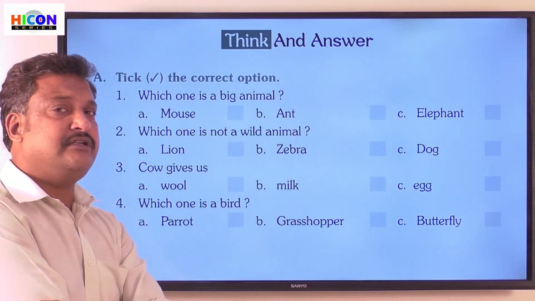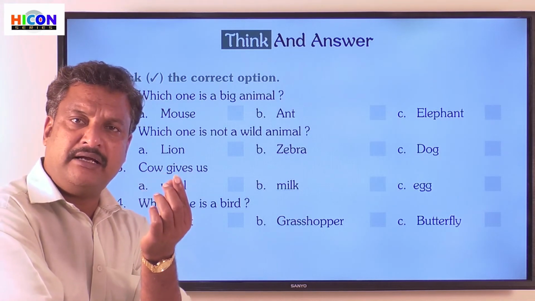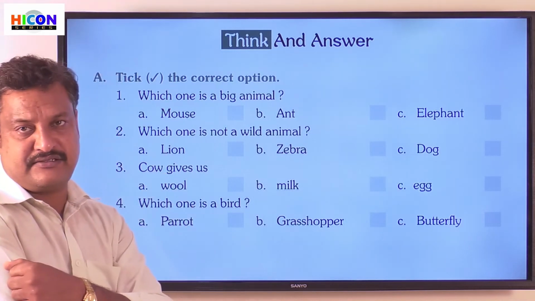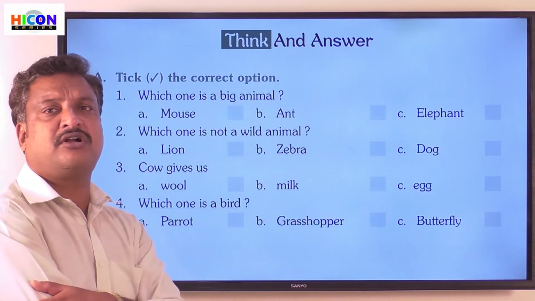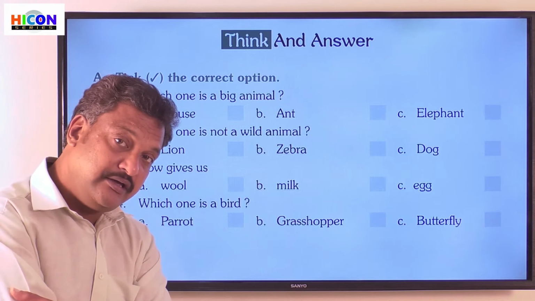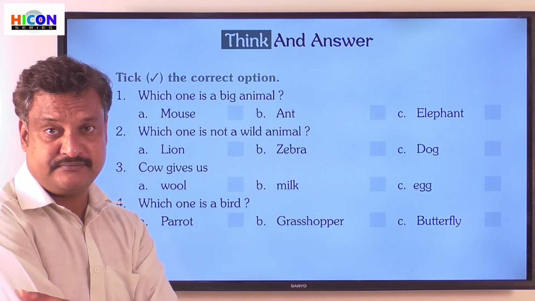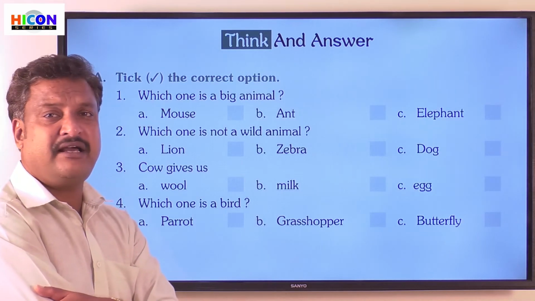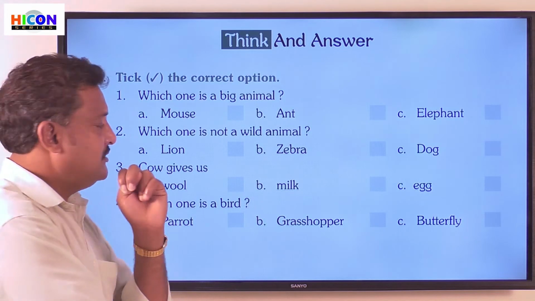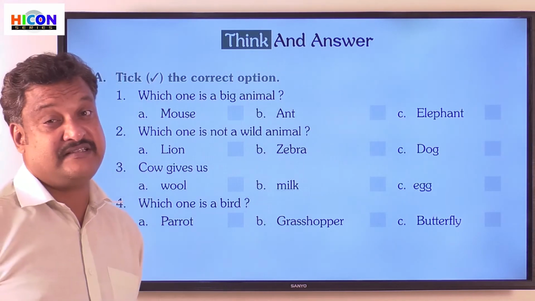Now, what is the difference? Grasshopper is a small animal and they are actually insects. Butterfly also is very small and they also come under insects. Why? Yes, they have 6 or more legs, isn't it? How many legs does a parrot have? Parrot has only 2 legs. Grasshopper, 6 legs. Butterfly, 6 legs.